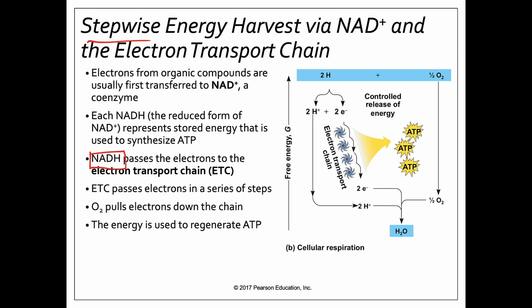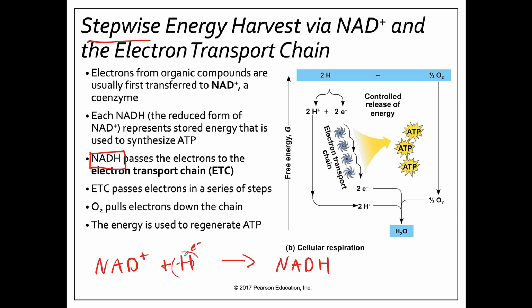So what happens is NAD+ is given some hydrogens plus the electrons that are associated with hydrogen, and it is reduced to NADH. So anytime that we move hydrogens around, we're also moving the associated electron around.